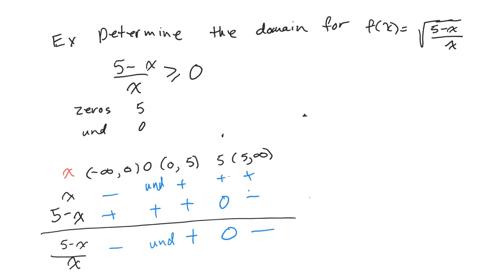Now, because we have this sign chart, we can take a look at this and this works perfectly for us. And so our domain, or otherwise known as our solution, is this.